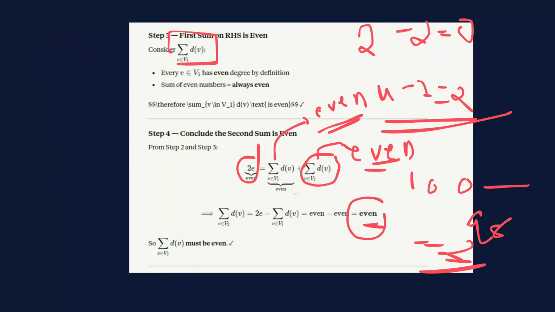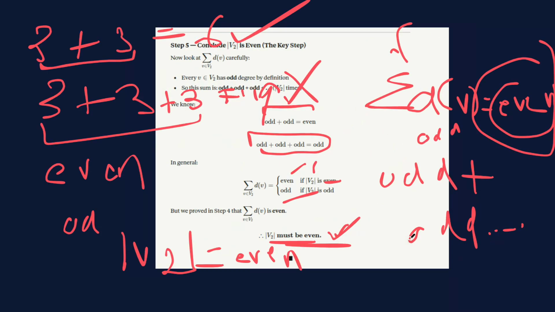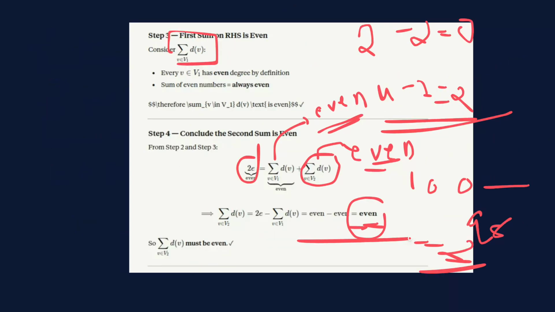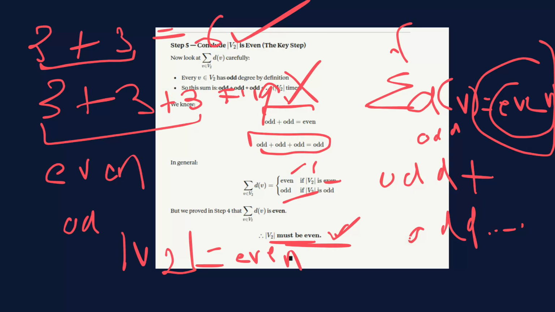We have found that the degree sum is even here. If the sum needs to be even, what is the condition? How many vertices with odd degree should be there? The number should be even. When I'm adding an even number of times the odd values, I'm getting even, but when I'm adding it an odd number of times, I'm getting an odd value.